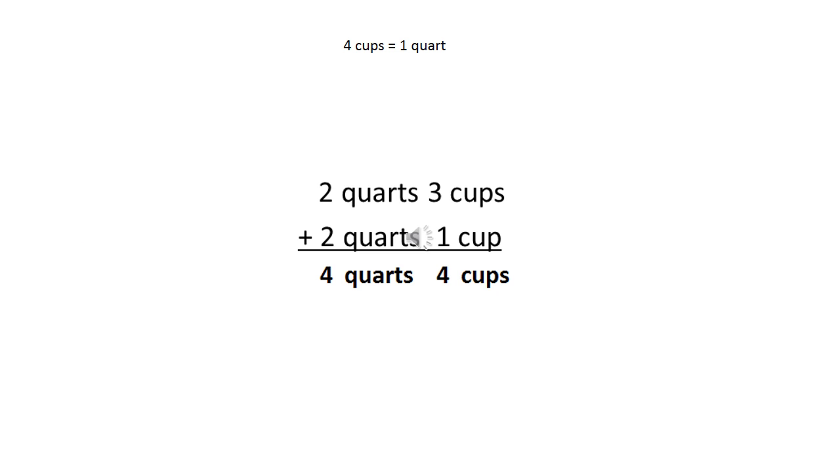So we're going to add the quarts together and we're going to add the cups together. There are 4 quarts, and 3 plus 1, we have 4 cups. If you notice, we now have a problem because we have 4 cups, and that's the same as a quart.